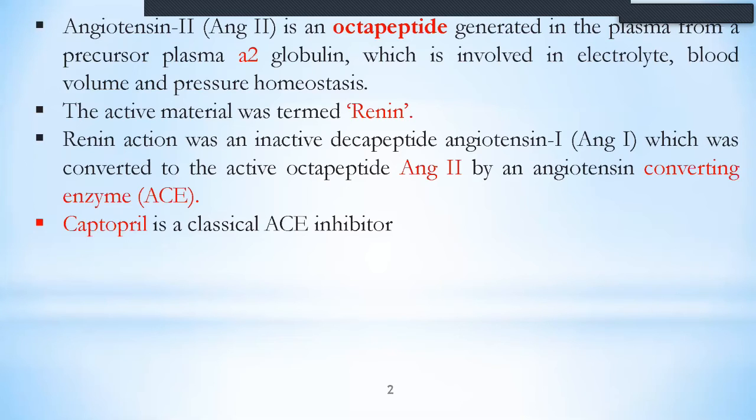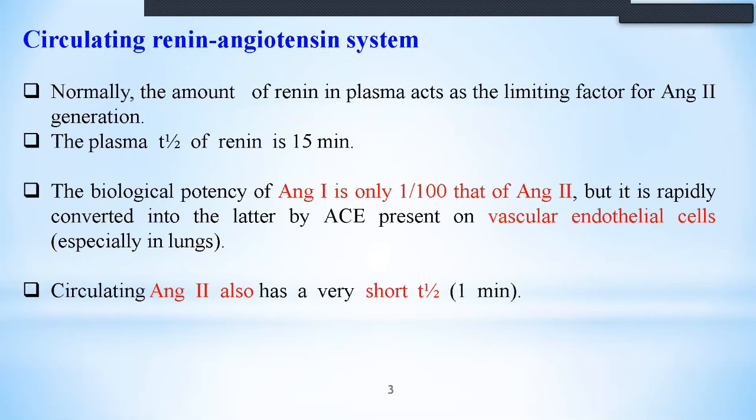The renin-angiotensin system is very much required for the maintenance of body homeostasis, blood pressure, electrolyte balance, and all other processes of a normal living being. The circulating renin-angiotensin system is called circulating because renin is produced in the kidney and circulates in the blood.